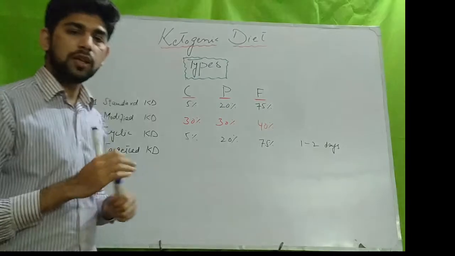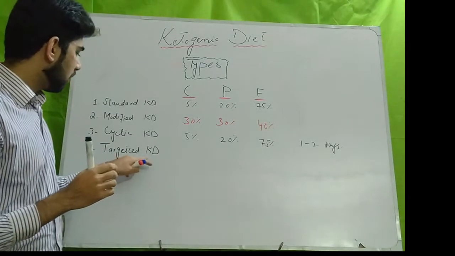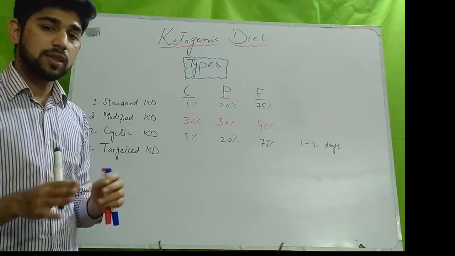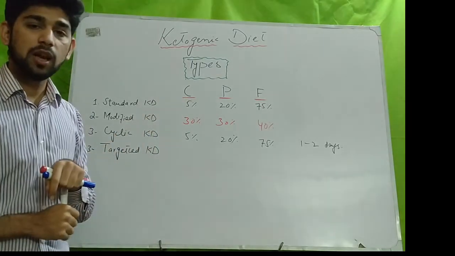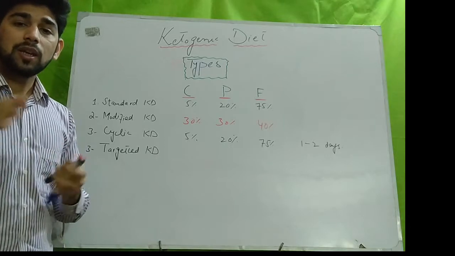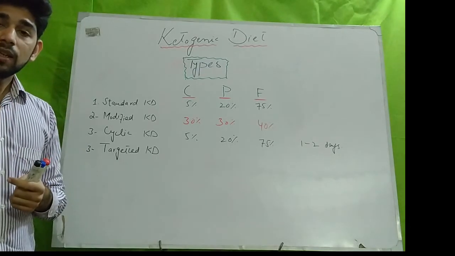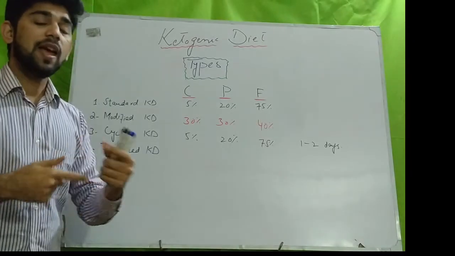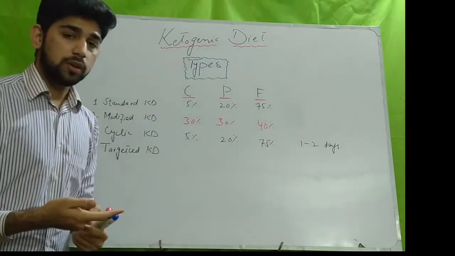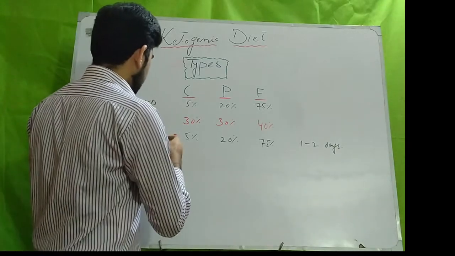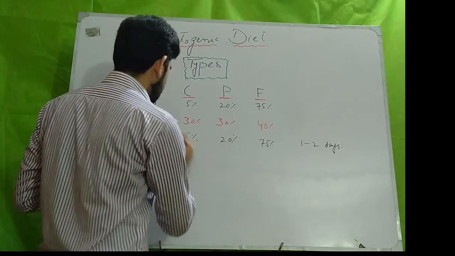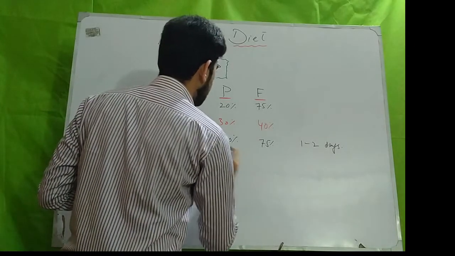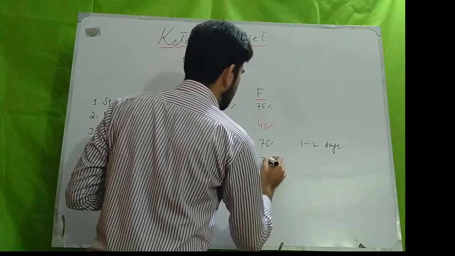In the targeted ketogenic diet, the percentage macronutrient distribution is the same as in the standard ketogenic diet, that is 5% carbohydrate, 20% protein, and 75% fat, but in this type of diet we add extra carbohydrates around the workouts.